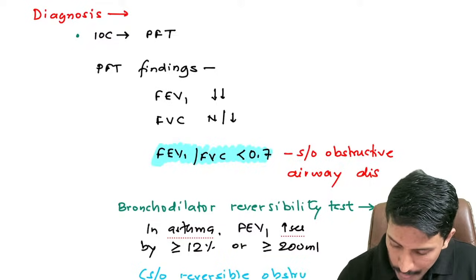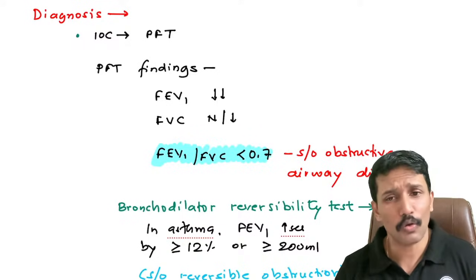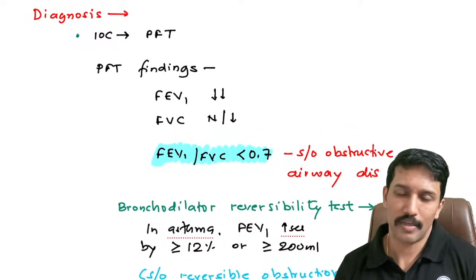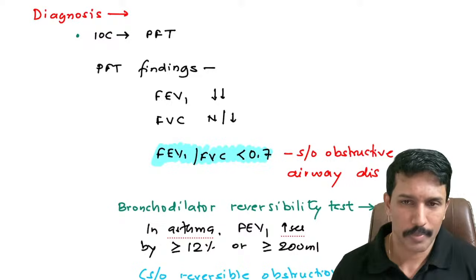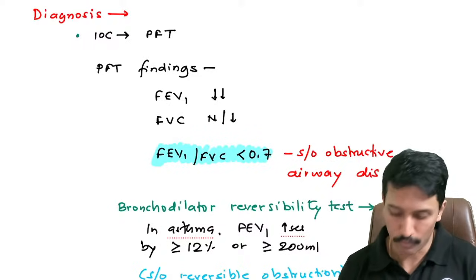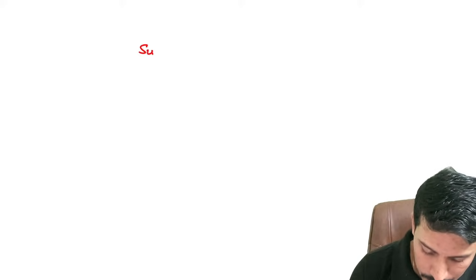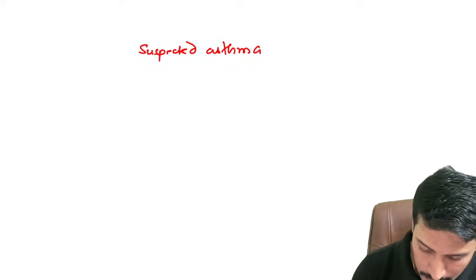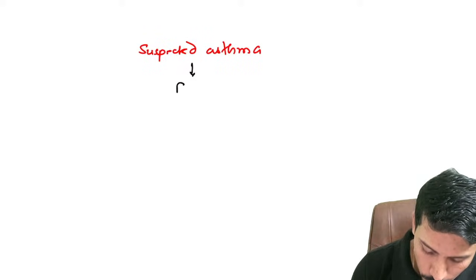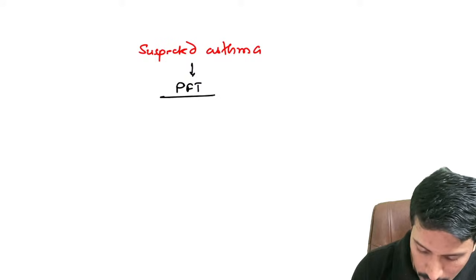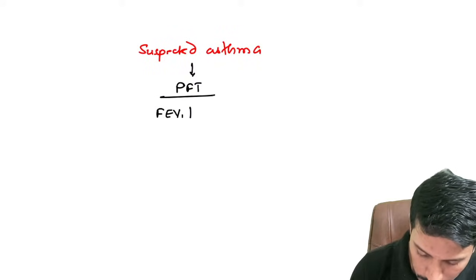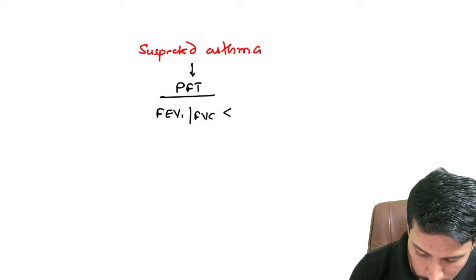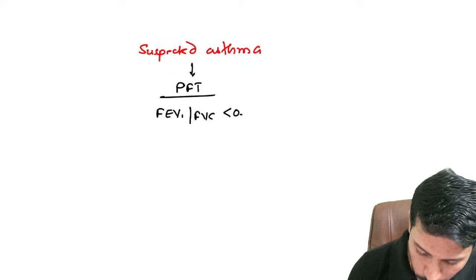And always make it a point that whenever you're writing, because writing is also an art, it's not a random stuffing of information. So try to use tables and flowcharts. So whatever we discuss now, you can put it on a flowchart as well. If you have a suspected patient of asthma, the next step you are expected to do is go for the PFT. And in the PFT, you are looking at the FEV1 by FVC ratio of less than 0.7.